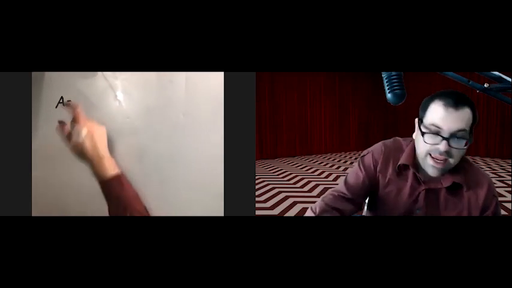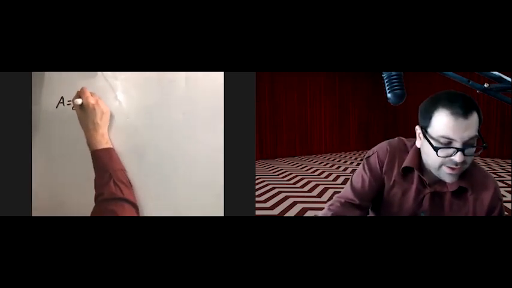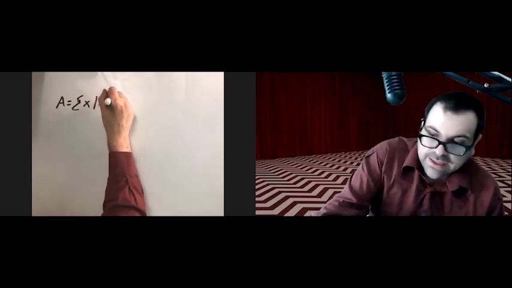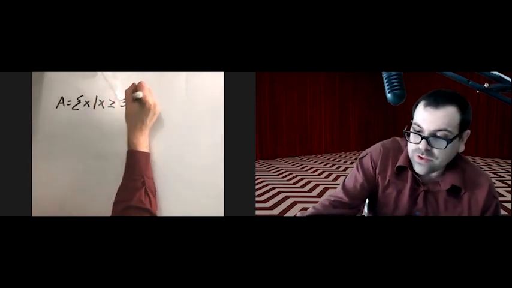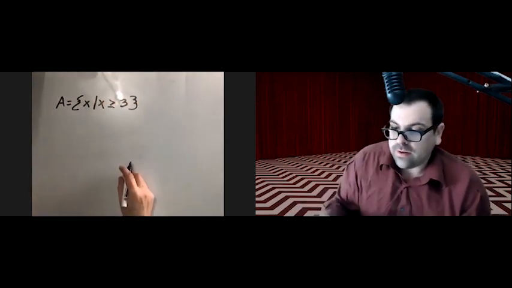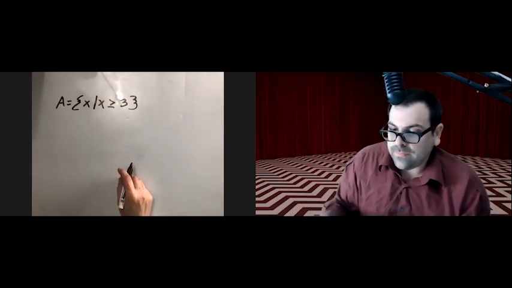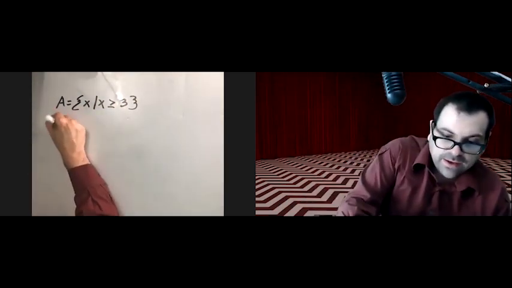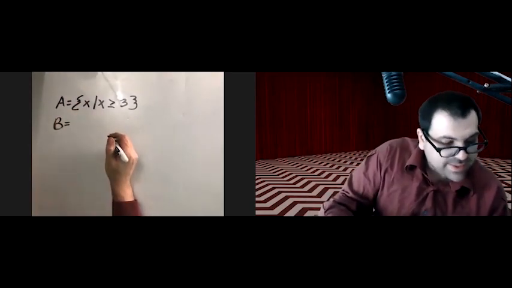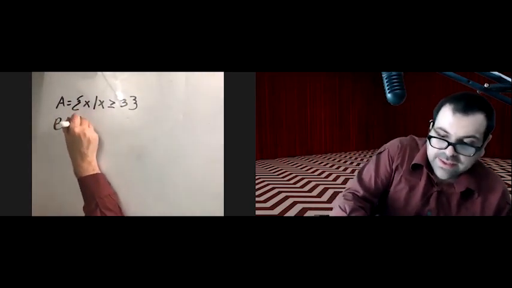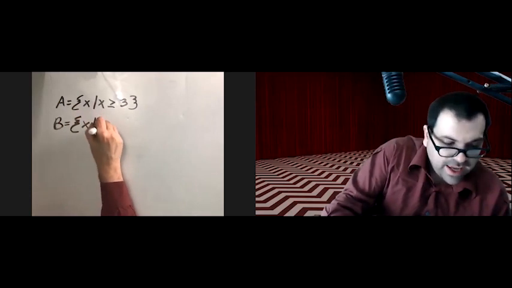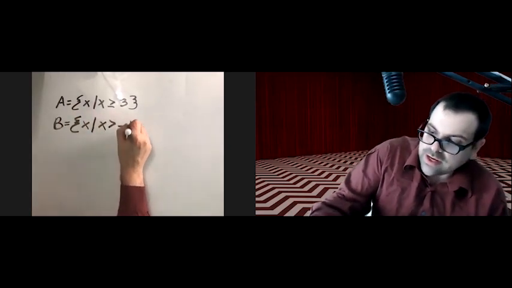We have set A. Set A is going to be the set of all x such that x is greater than or equal to 3. We have set B. Set B is going to be the set of all x such that x is greater than -1.